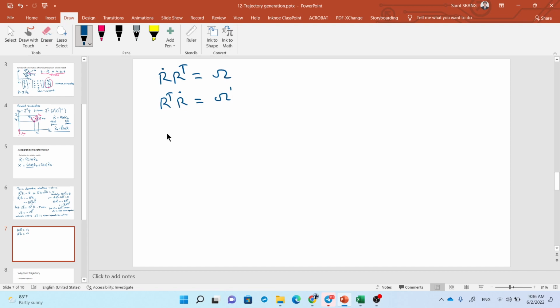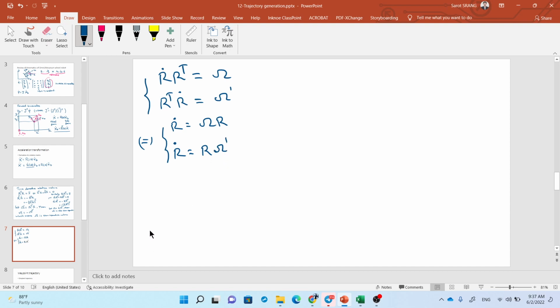So I can write R dot equal to omega times R, and R dot equal to R times omega prime.